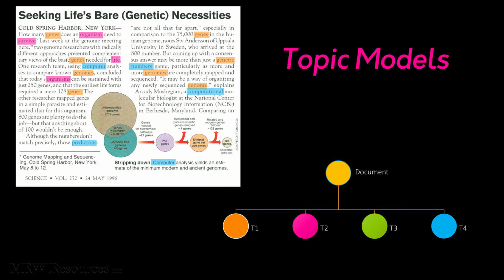In this example from the journal Science, we can see that keywords have been grouped into 4 individual topics. Topic 1 has words such as gene, genomes, genetic, DNA. Topic 2, organism, survive, life, evolve. Topic 3, brain, neuron, nerve. By the way, the article extends beyond what you see here. Topic 4, computer, prediction, number, data.